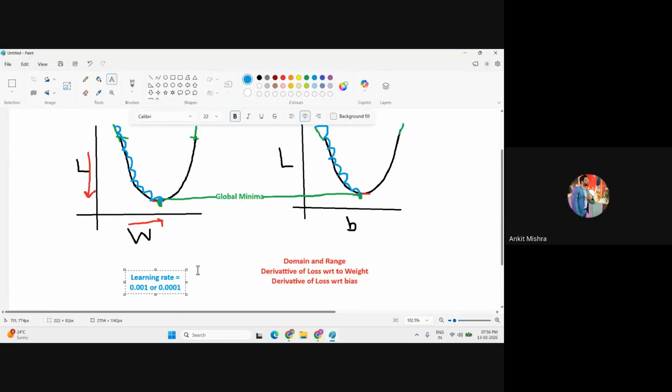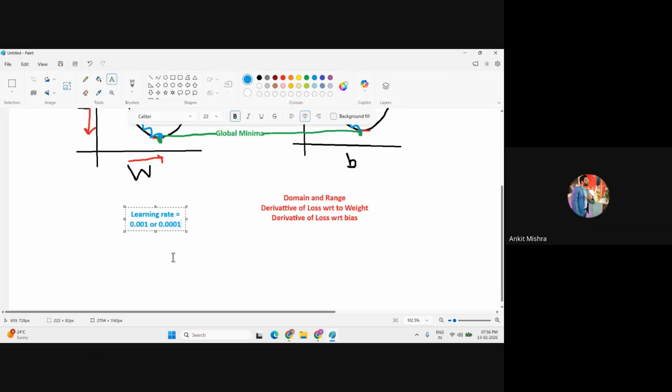The lesser the value, the lesser the step it will take. More the value, more step it will take. If you increase the learning rate, the chances of skipping this global minima become more, right? So you have to keep the learning rate at a very low level, right?